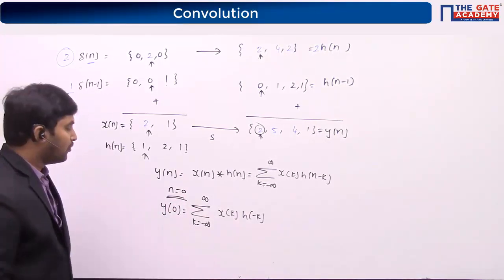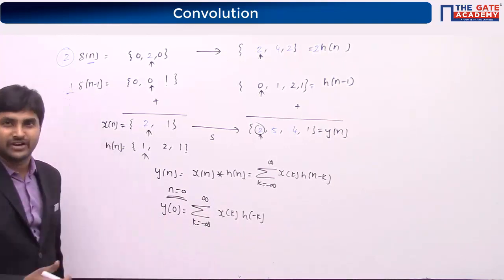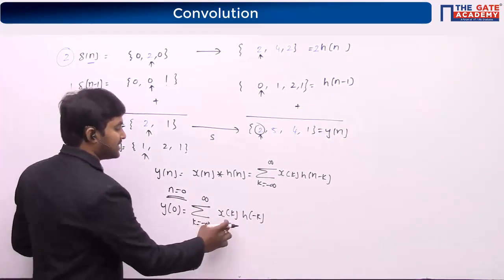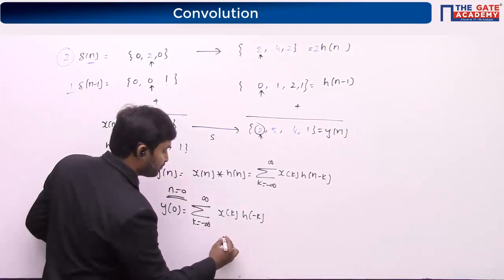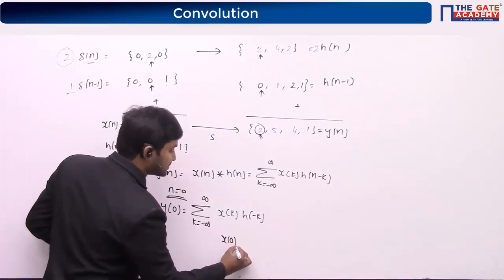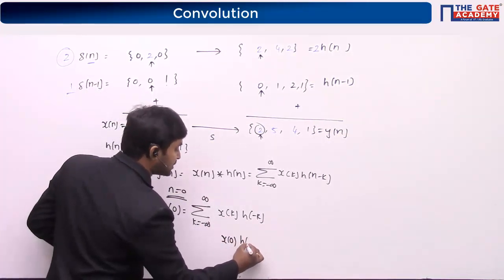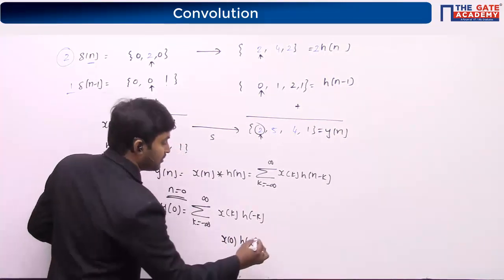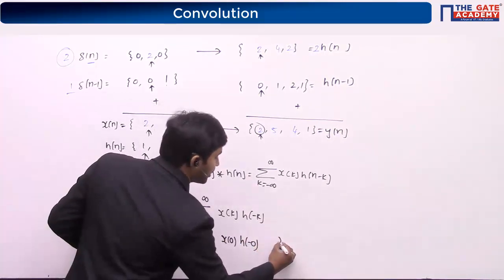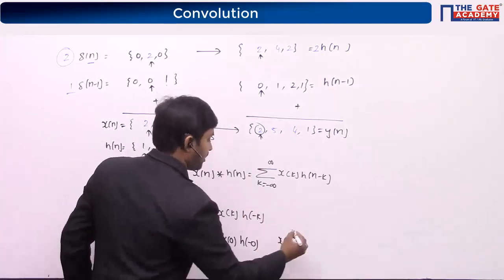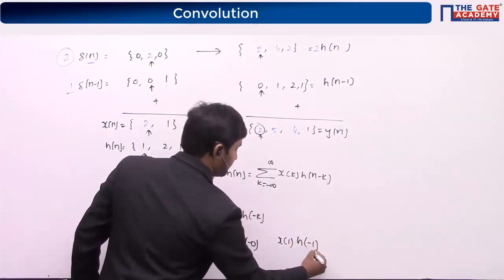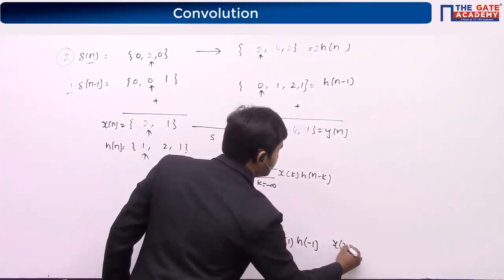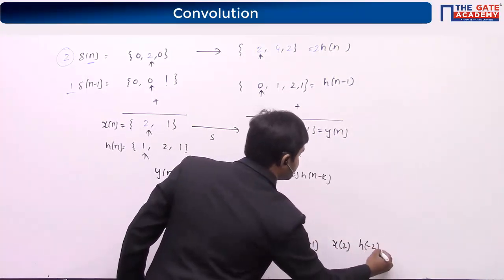Now I am going to take different values of k here. Let us start with k equal to 0. At k equal to 0, you have x of 0 multiplied by h of minus 0. At k equal to 1, you have x of 1, h of minus 1. You have x of 2, h of minus 2.